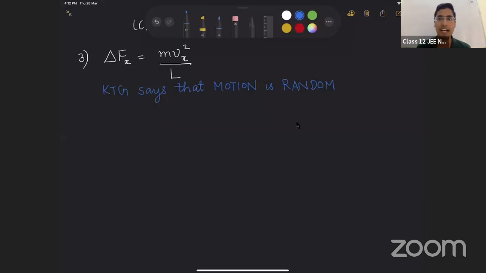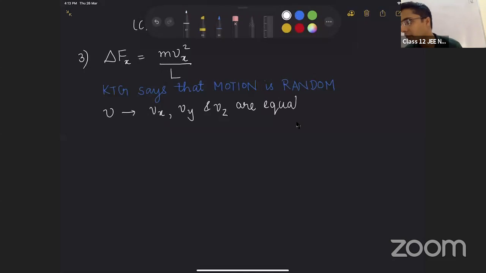So KTG says that motion is random. This means for a velocity V, Vx, Vy, and Vz are all equally likely. The same molecule will have equal probability of having an x component, y component, or z component.